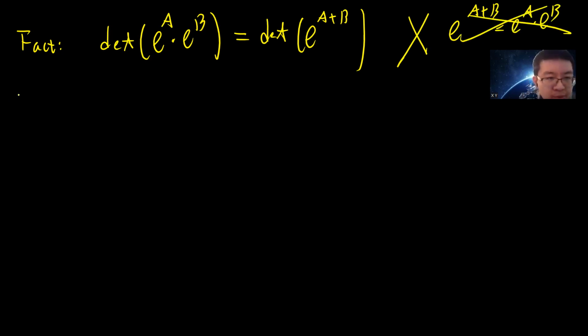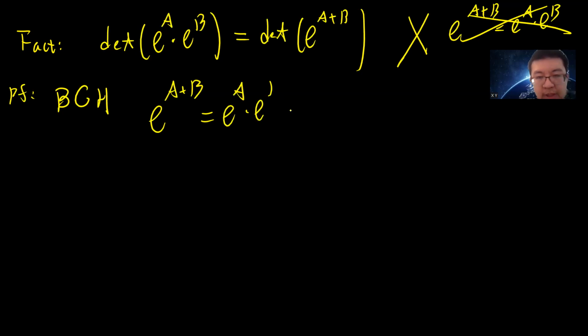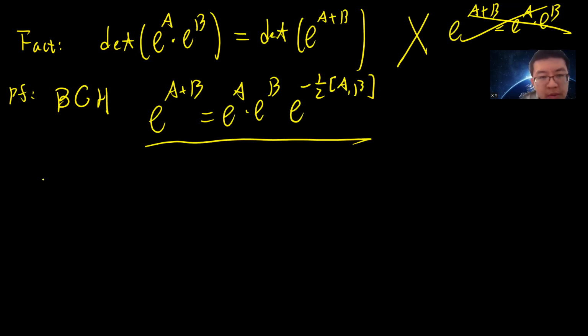The proof uses the Baker-Campbell-Hausdorff formula. So we can write exponential of A plus B equals exponential A times exponential B, and then there's a negative one half times the commutator of A and B in the exponent. This is Baker-Campbell-Hausdorff, which is non-trivial. Now, we can take the determinant on both sides.